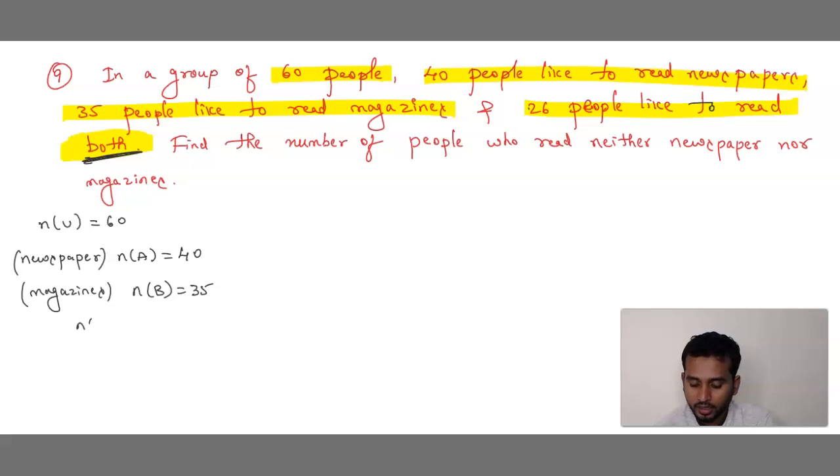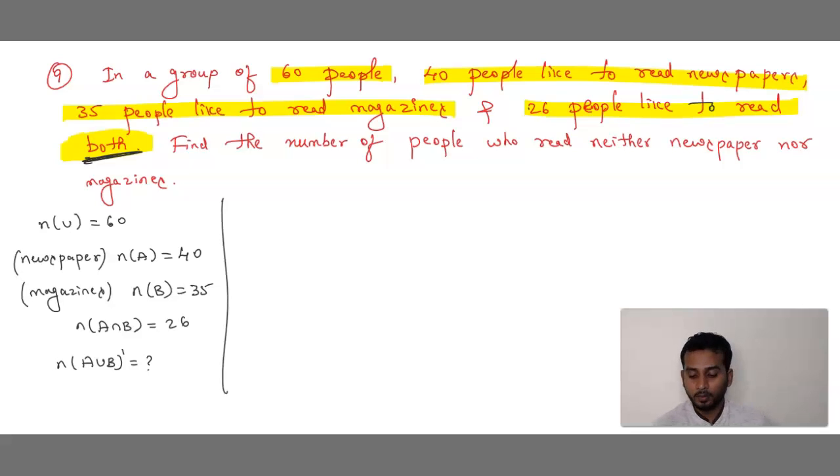That is nothing but n of A intersection B. How much? 26. Now find the number of people who neither read newspaper nor magazine. See, read means A union B. Neither means opposite. They don't read. It means we have to find n of A union B whole transpose.